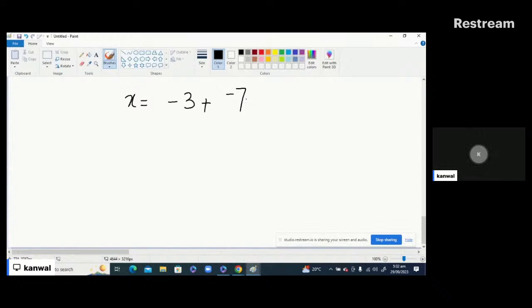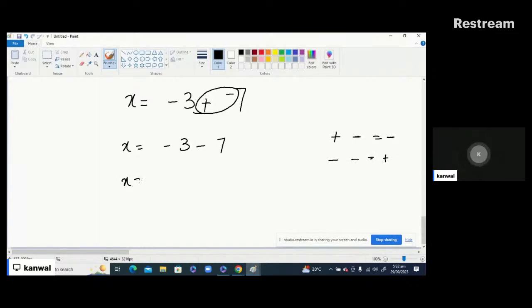Now look at here. This is again the same thing. First you solve the sign in the middle. If there is one plus and one minus sign, it is always minus. It means x is equal to minus 3 minus 7. If there are two minus signs, what does it become?